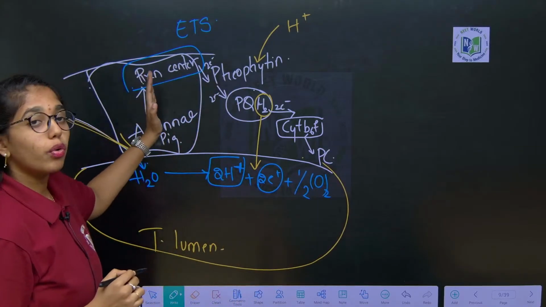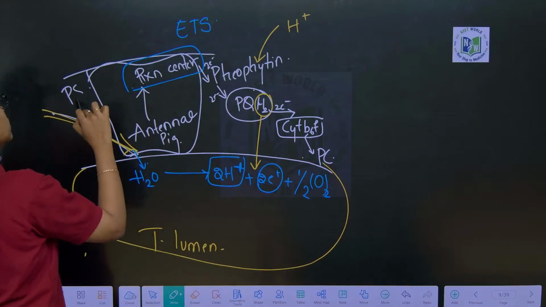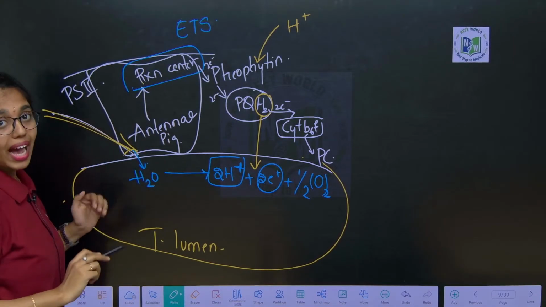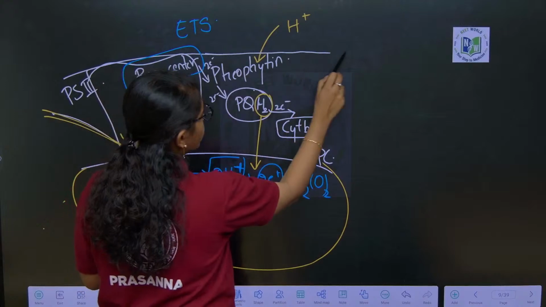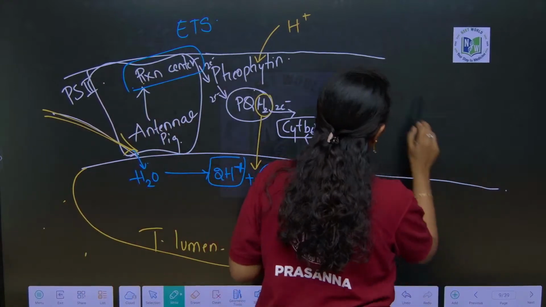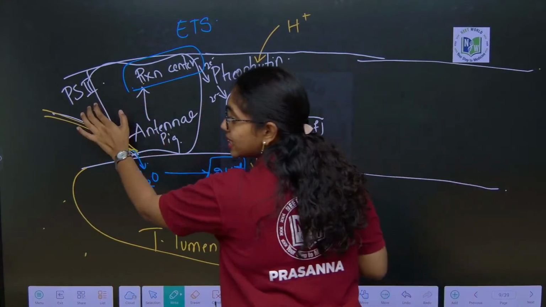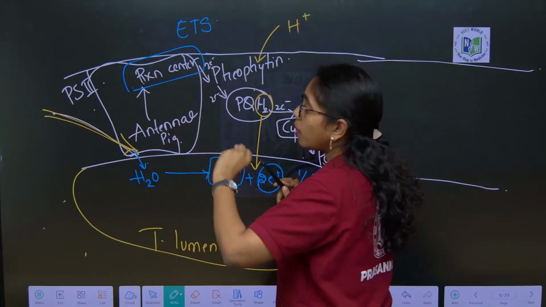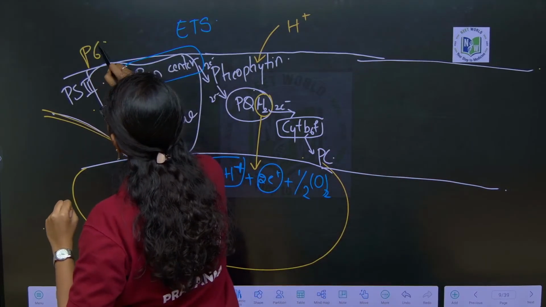This is photosystem 2. As such, you have one more photosystem, that is photosystem 1. So photosystem 2, maximum absorption of light is P680.